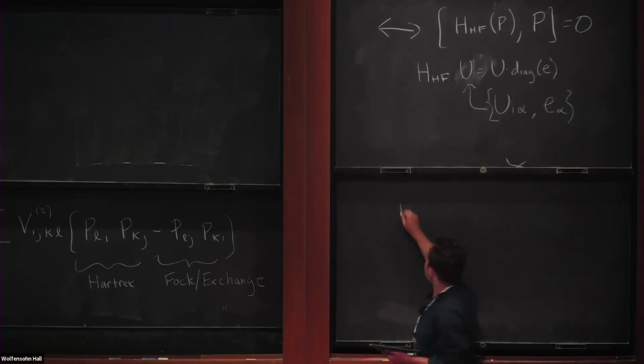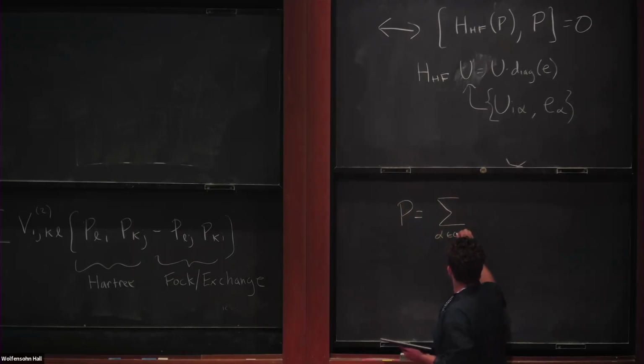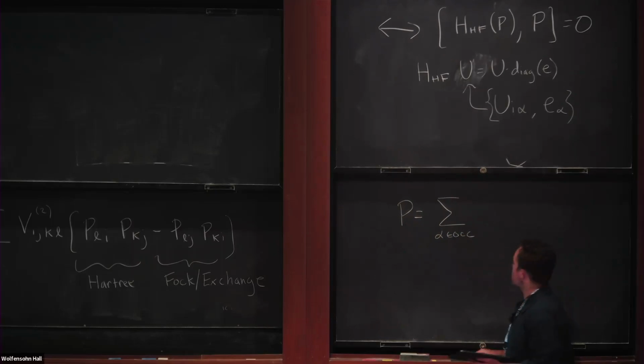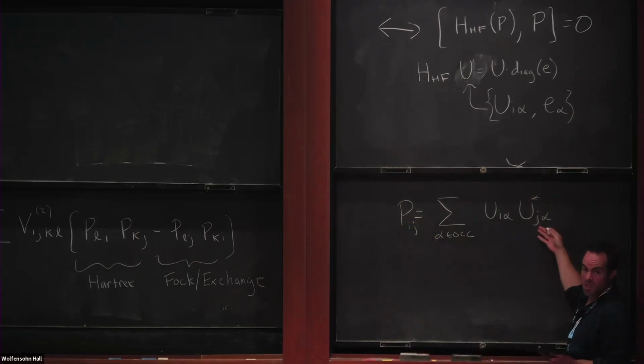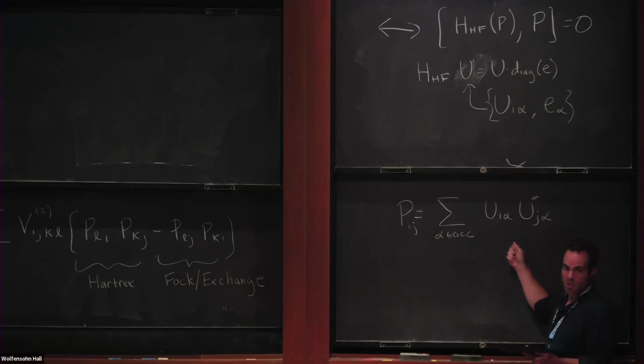So P is exactly equal to the sum over alpha running over some occupied set of Hartree-Fock orbitals of U_iα U*_jα. This gives a matrix which clearly commutes with H and whose eigenvalues are either 1 or 0, for occupied versus unoccupied. The general form satisfies that condition, and it's a projector.